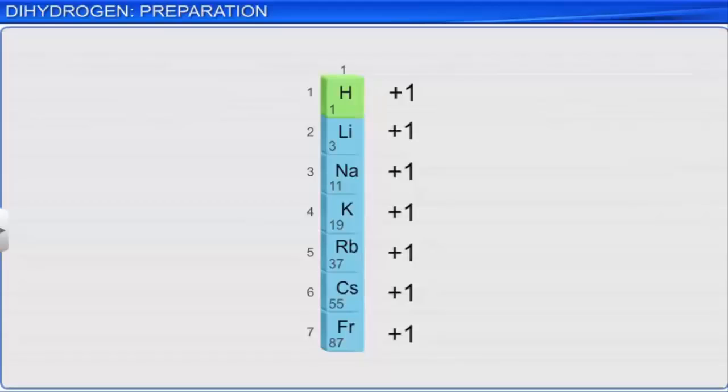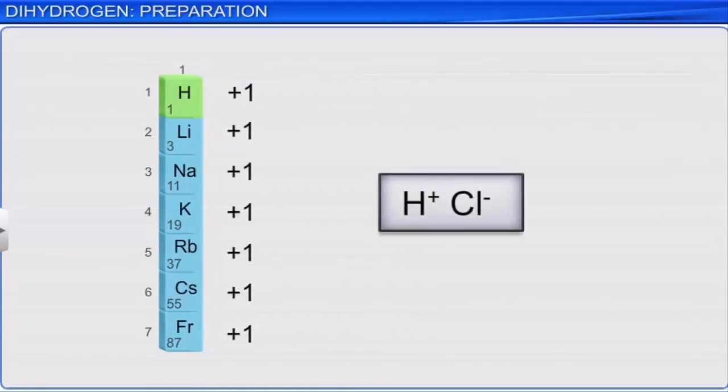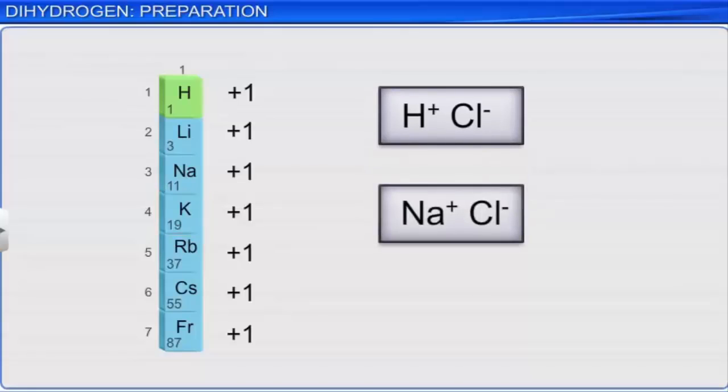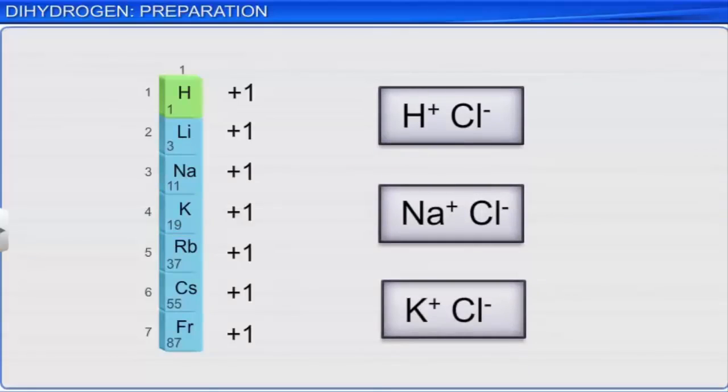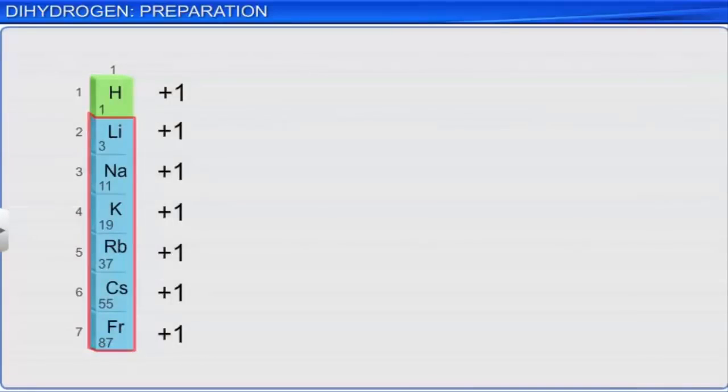For example, in hydrochloric acid, hydrogen has an oxidation state of +1, which is similar to that of alkali metals such as sodium and potassium, in sodium chloride and potassium chloride respectively. Like alkali metals, hydrogen acts as a strong reducing agent.